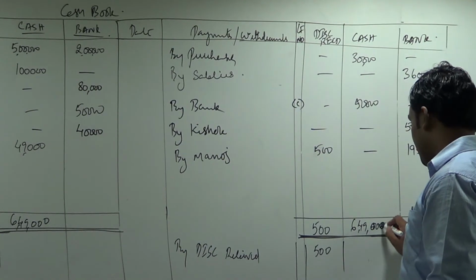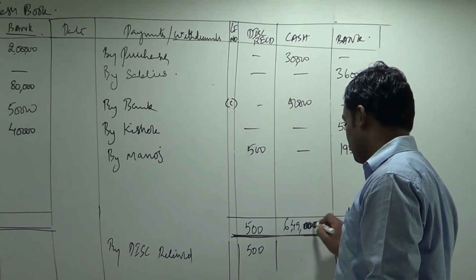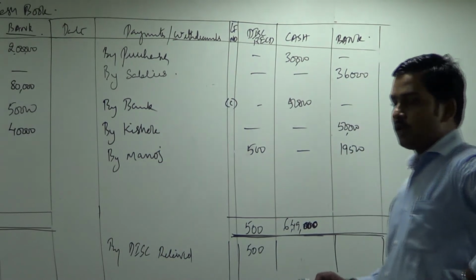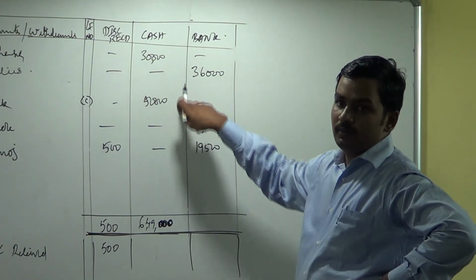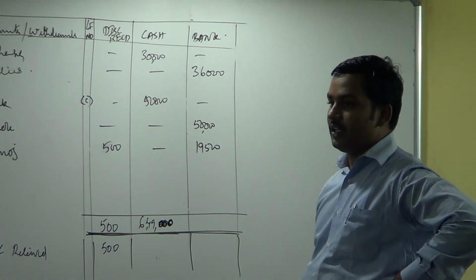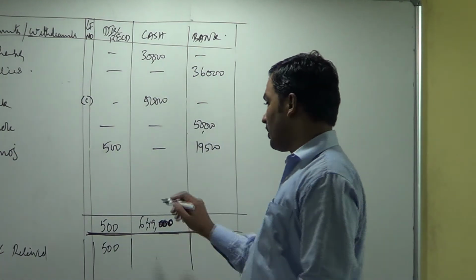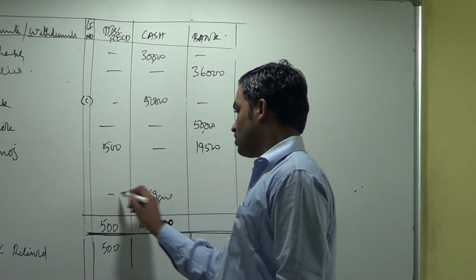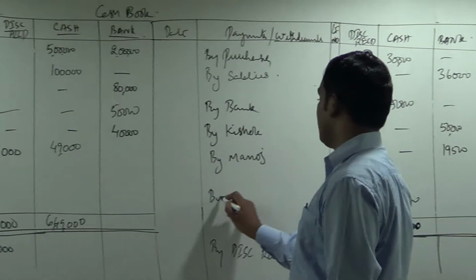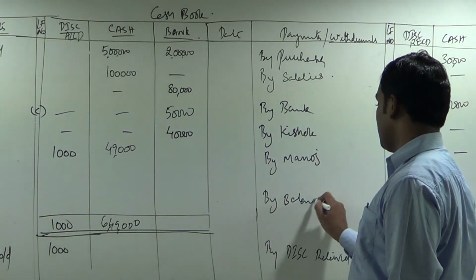Out of 6,49,000, now subtract these two items, 30,000 and 50,000. 5,69,000 is left. So right here, by balance carried down.